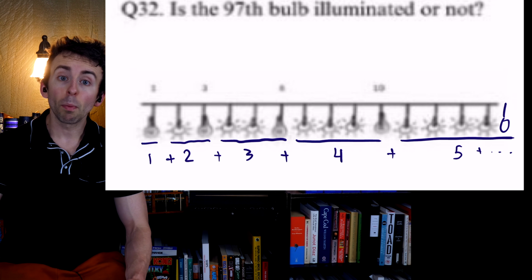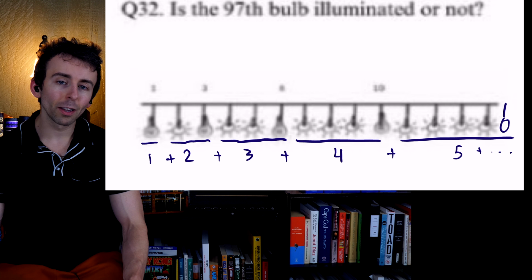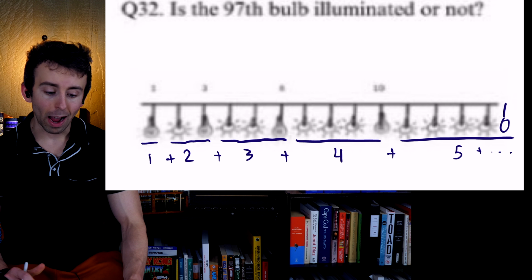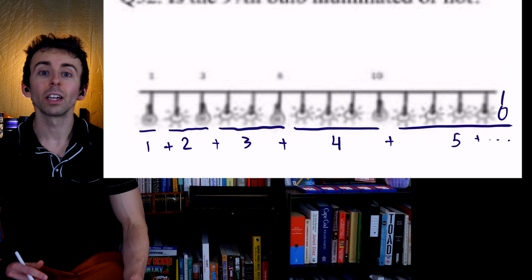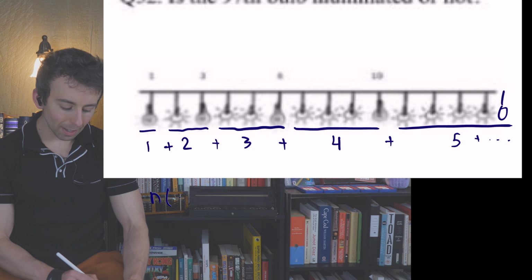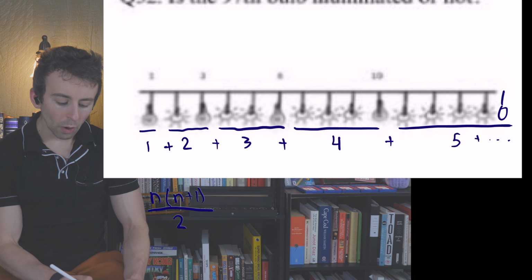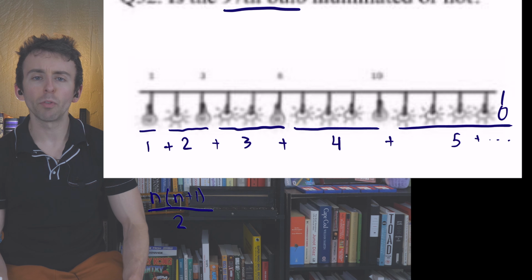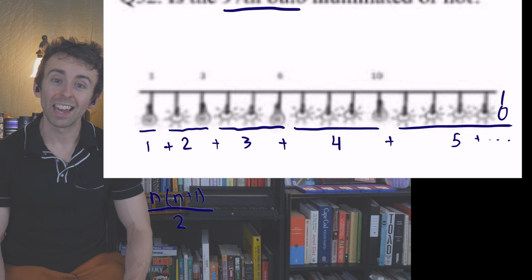If you look at these partial sums, it's triangular numbers, and you're perhaps familiar with the formula for those. If you want the nth triangular number, the way to calculate it is n times n plus 1 all over 2. So the question is, where does the 97th bulb fall, in this line of light bulbs?